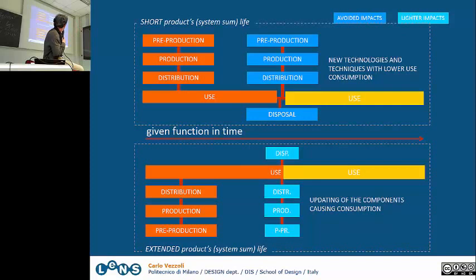If a product lasts longer compared to the upper one, in which it goes to disposal, we avoid the disposal and we avoid the pre-production, production, and distribution of the product that needs to be substituted. If the chair is broken and I need to be seated again, I need to produce, and distribute, and have the chair here again, and I need to dispose of the other. So I avoid those impacts.